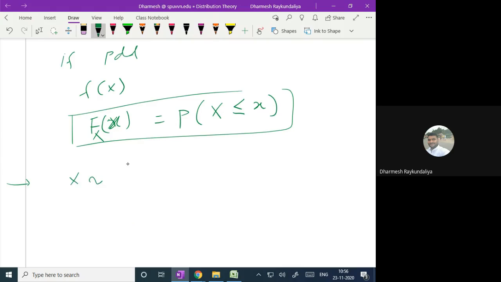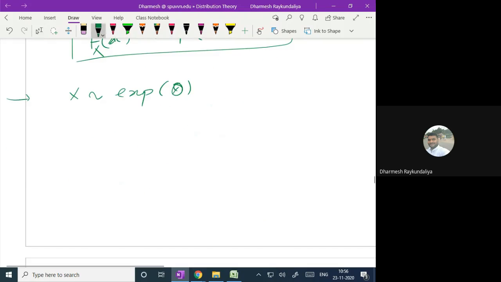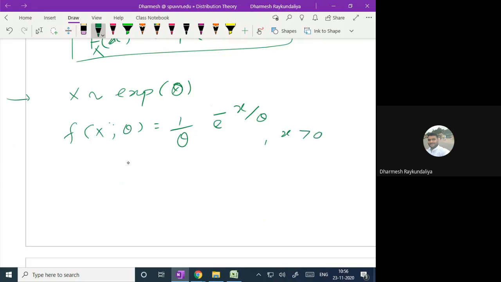X follows the exponential distribution with parameter theta, whose mean is theta. Then f(x; theta) is given by 1 upon theta e raised to minus x by theta, where x is greater than 0 and theta is also greater than 0.